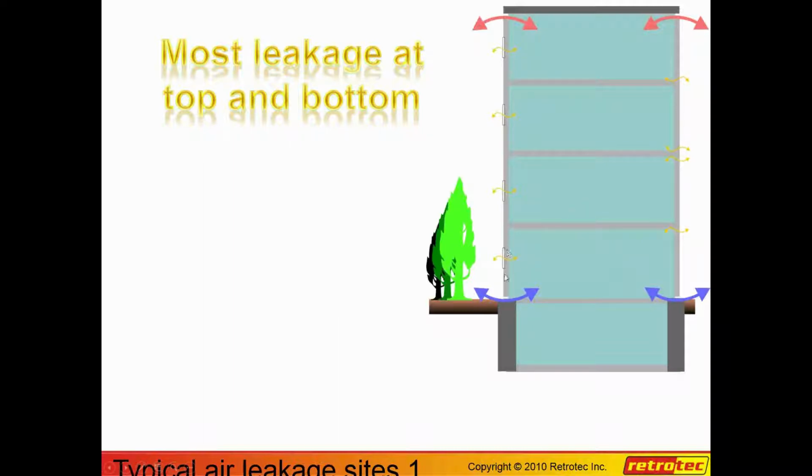And also, whenever you have a change in materials from, say, foundation materials to the framing, walls, whatever, those are also the places where you get a lot of leaks. And whenever there is any kind of penetration in the envelope for anything, there's usually a lot of leaks around there as well.